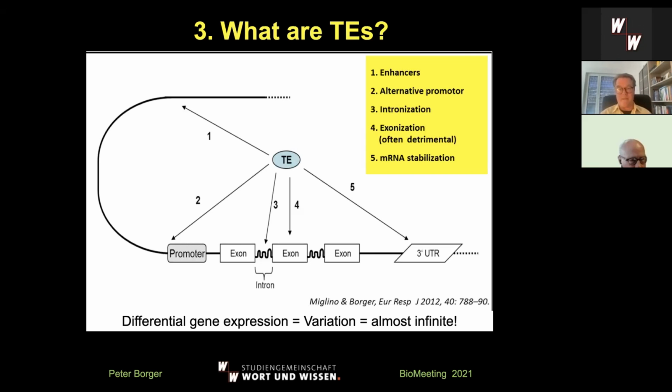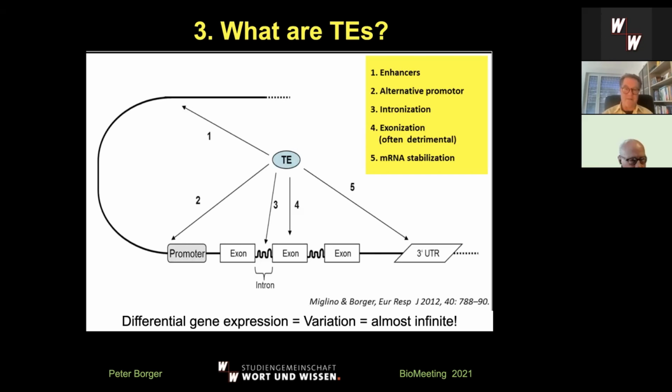And finally, and this was recently also described, TEs can integrate in the 3' untranslated region here on the right-hand side, thereby affecting the stabilization of the RNA that is transcribed from the gene. These 3' untranslated regions usually contain sequences where microRNA binds that affects the stability of the RNA.